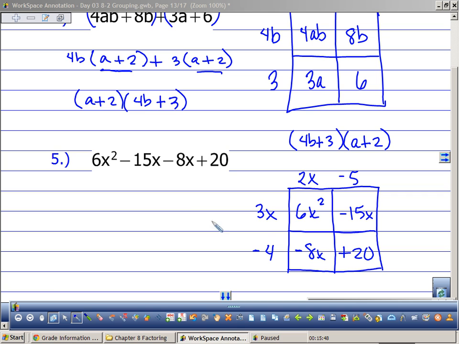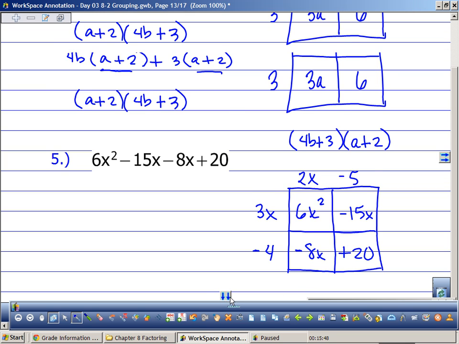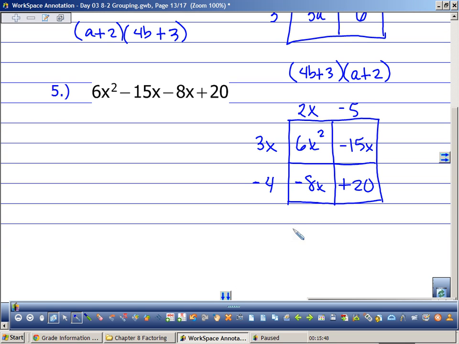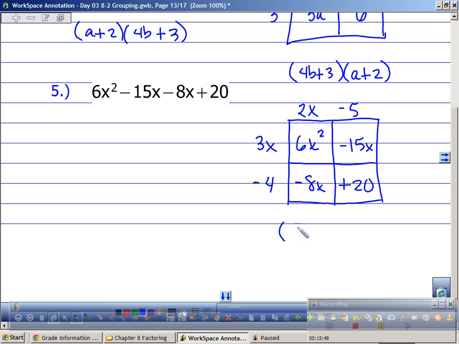Hey, did you know that was going to happen? I didn't, but I knew it was going to follow up right here. So let's do it the other way over here. So my factors, or my binomials, are 3x minus 4 times 2x minus 5.